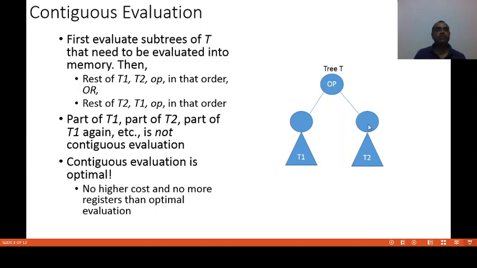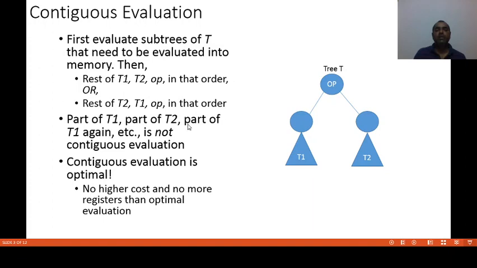These are the subtrees that need to be evaluated into memory. Then the rest of T, T1 then T2 in that order only, or T2 then T1 in that order. That means we can evaluate first T1, then T2, then the root, or first T2, then T1, then the root.